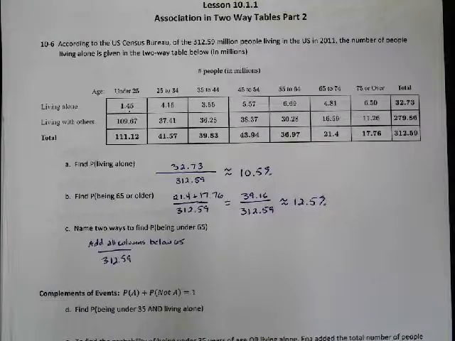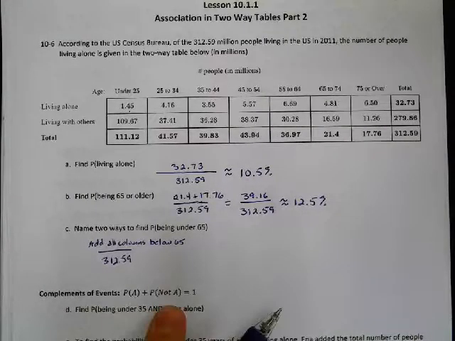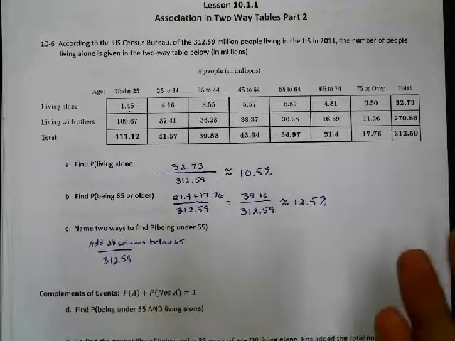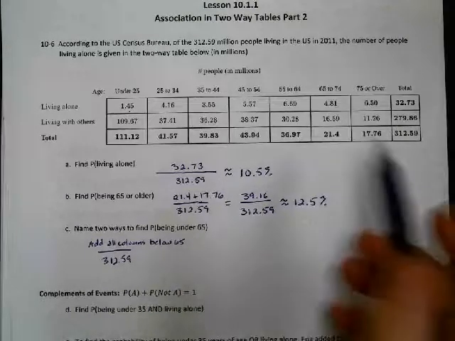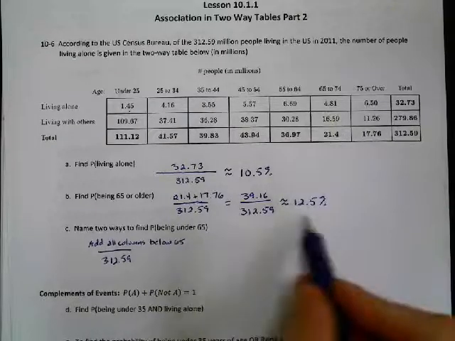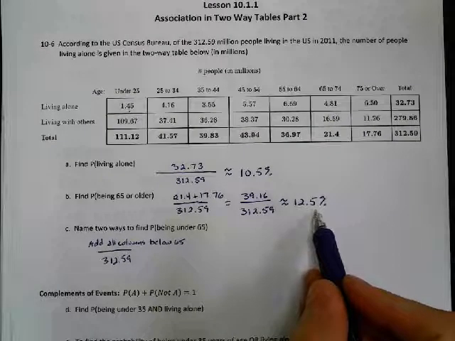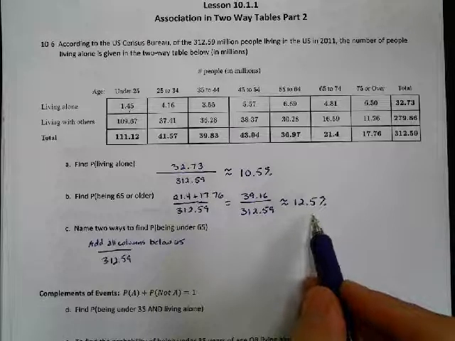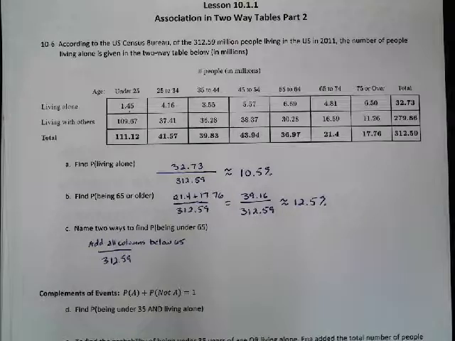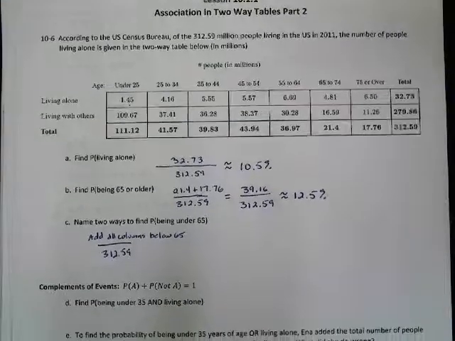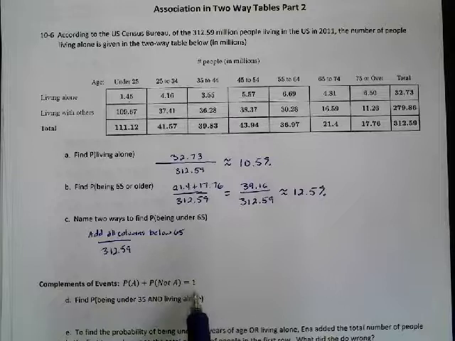What we could do is use a complement. There are 2 ways we can look at it. We can say over 65 was 12.5%. So you're either going to be over 65 or under 65. There's no in between. And anytime we've got probabilities like that, they always add up to 100%.